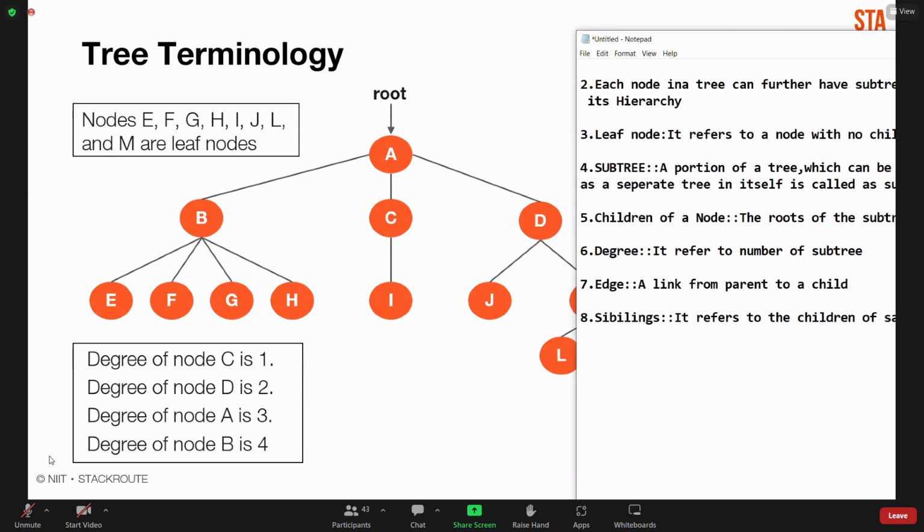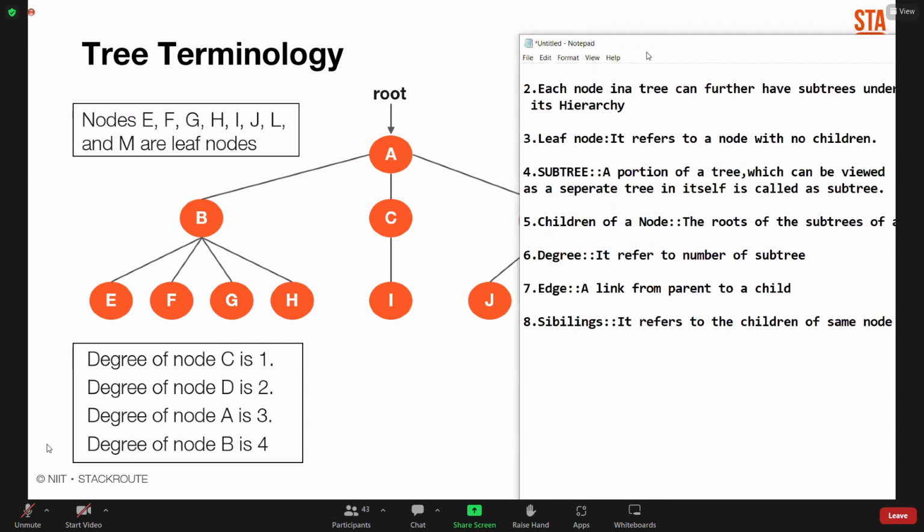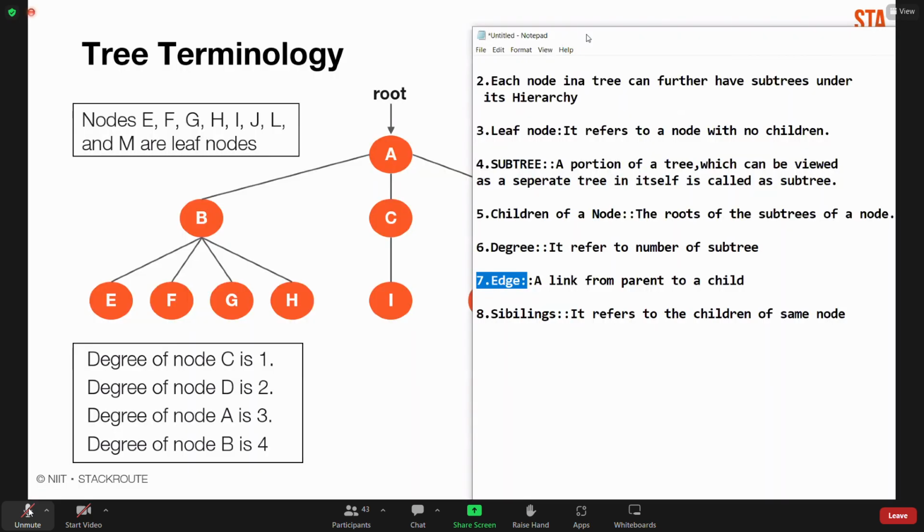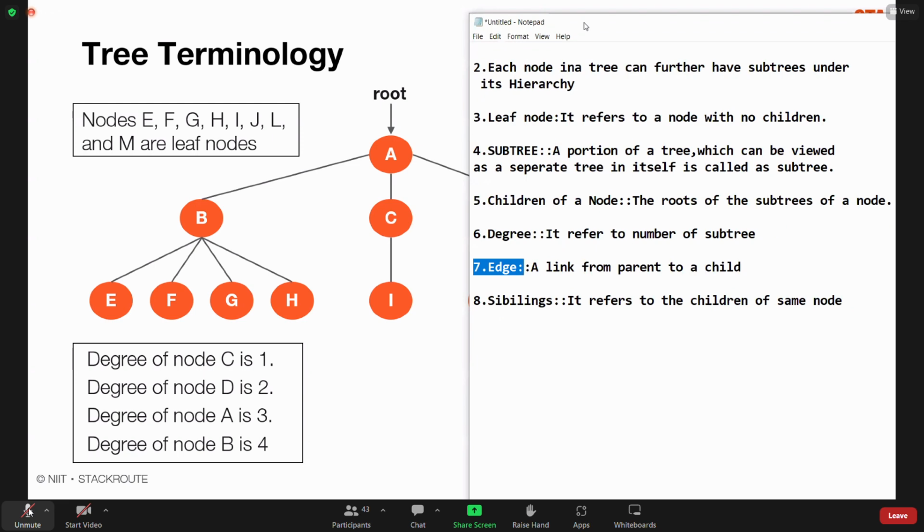The link is how we connect parent to child. That child is going to act like a parent for some other node. For your understanding, the link between one node and another node is called an edge. Siblings refers to the children of the same parent.